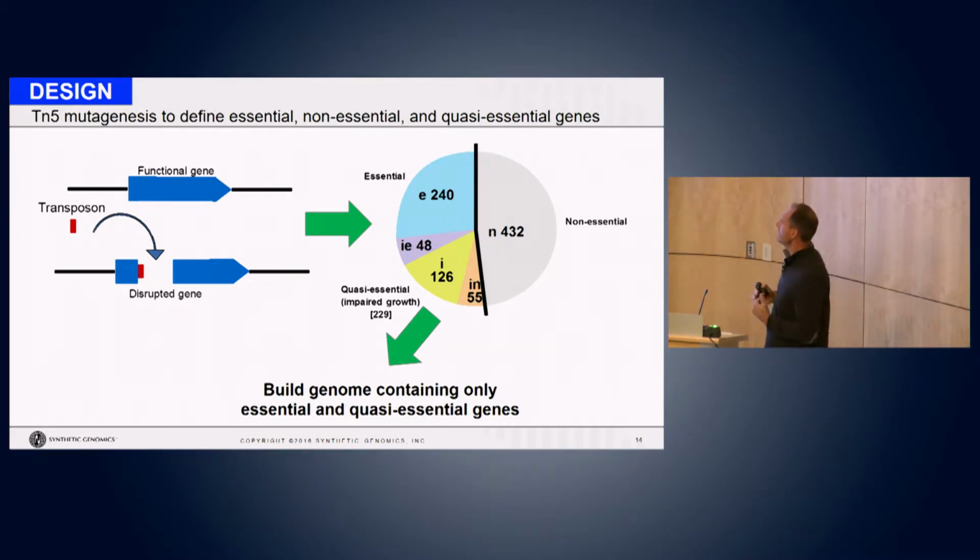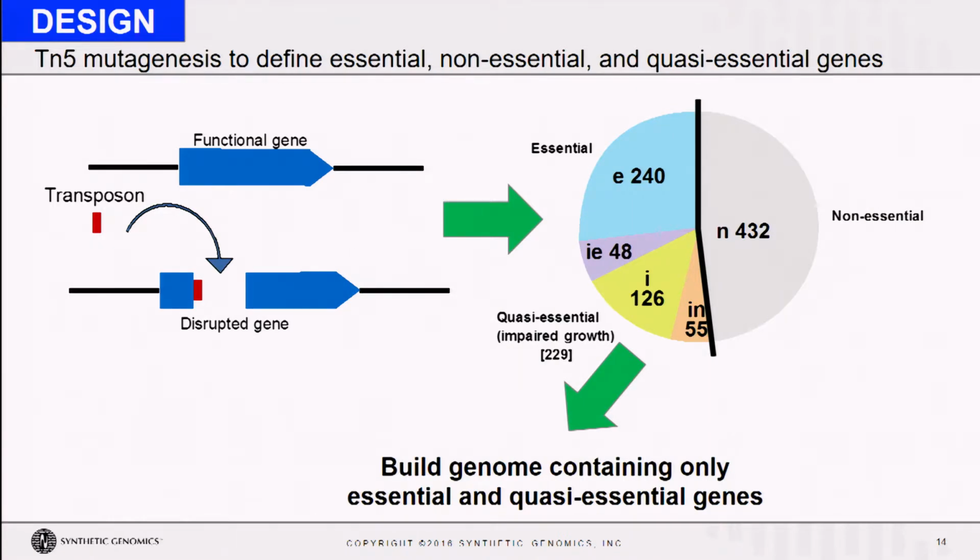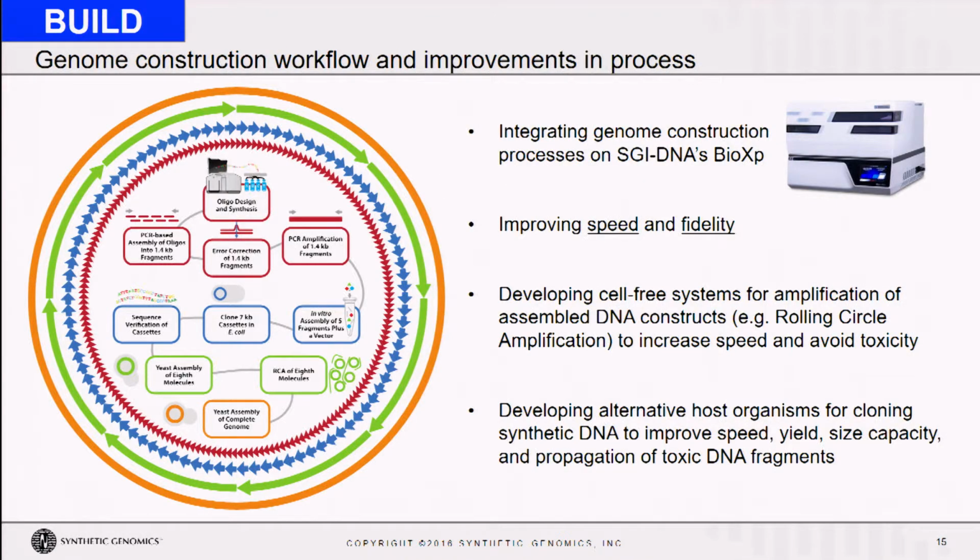Our design was based primarily on Tn5 mutagenesis, so that we could begin defining essential, non-essential, and quasi-essential genes. And because we wanted a cell that grew at a reasonable growth rate that we could actually use once this project was completed, we decided to keep all of the genes that are both essential and quasi-essential.